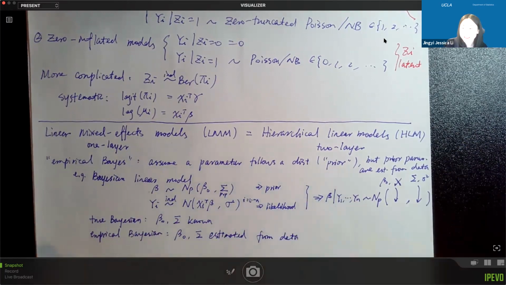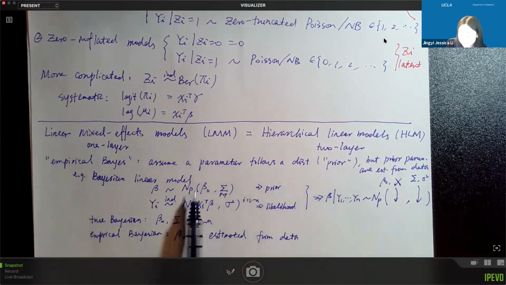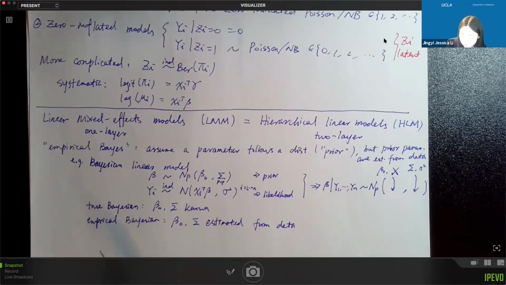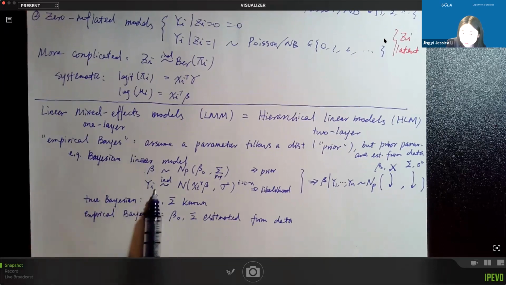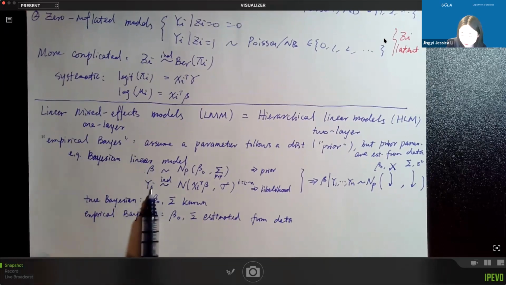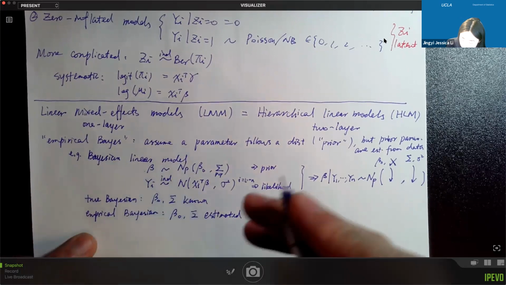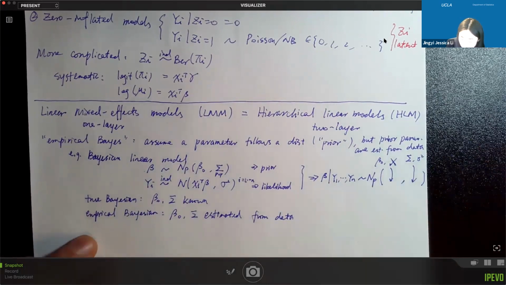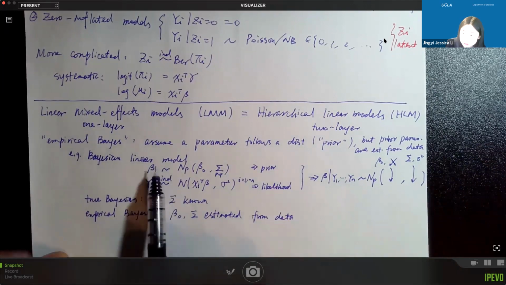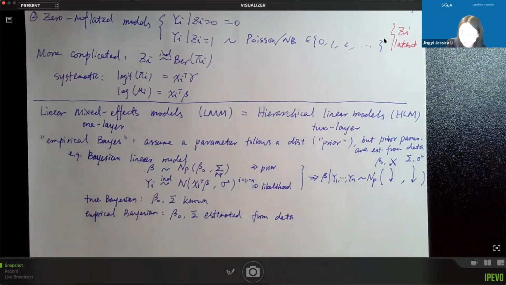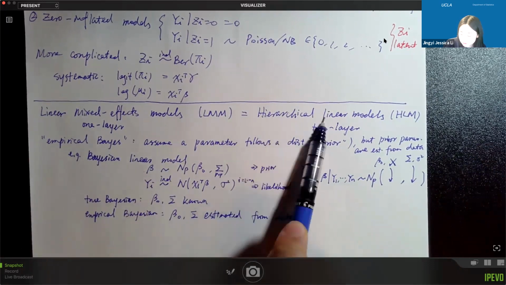Okay, so if I ask you, how would you estimate beta 0 and sigma from data? What would you do? The most natural thing is to write down the marginal density of y, right? So the approach is like this. You are going to consider these two layers of distribution as a hierarchical model. You see here is related to the hierarchical linear model.